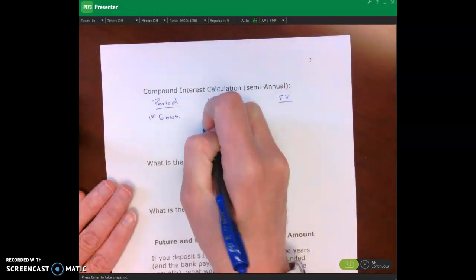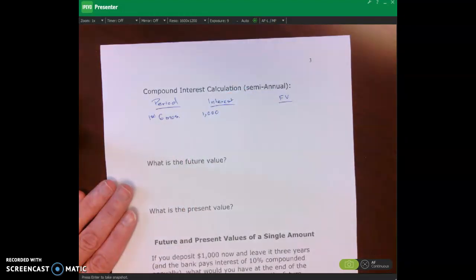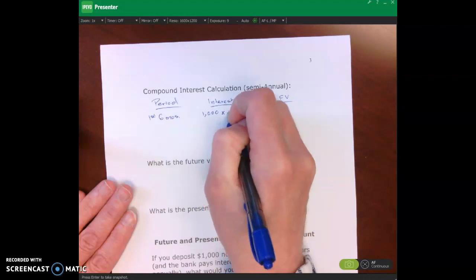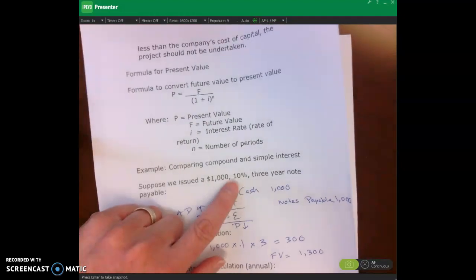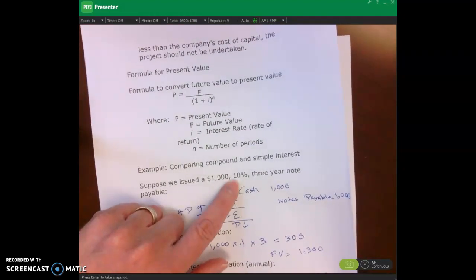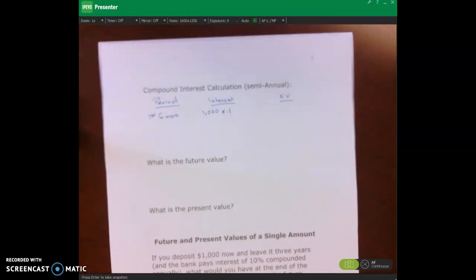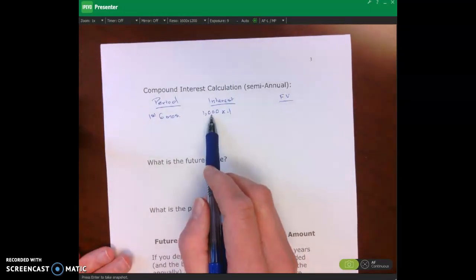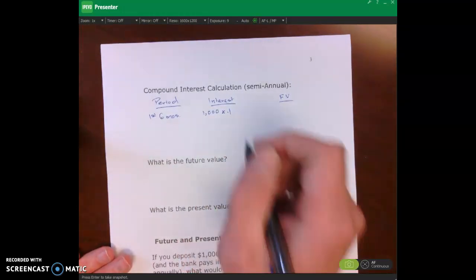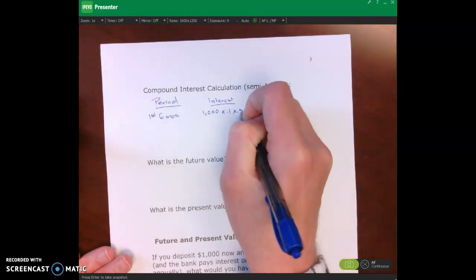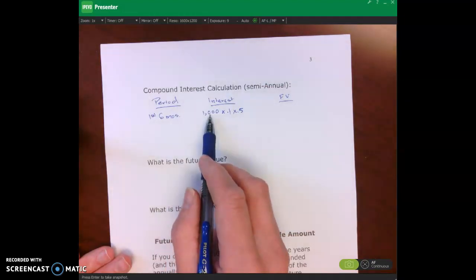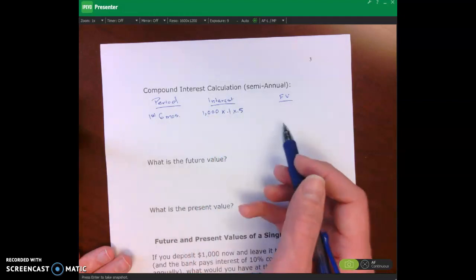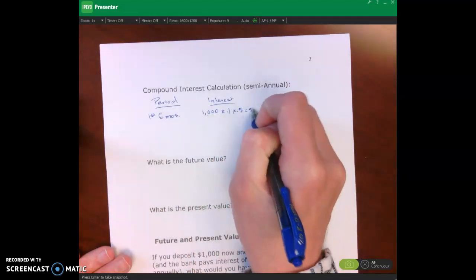So we'll take our $1,000 and multiply it times 0.1, which is our yearly interest rate. Remember this 10% is 10% per year. Since we're compounding every 6 months, I only have it for 6 months, so I multiply that times 0.5. A shortcut is to take 1,000 times 0.05 and get the same answer, and that's $50.